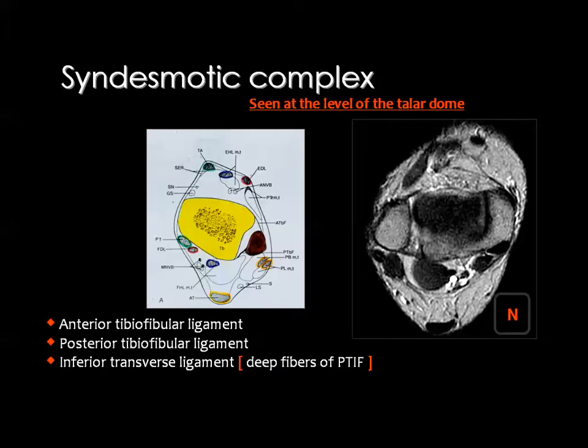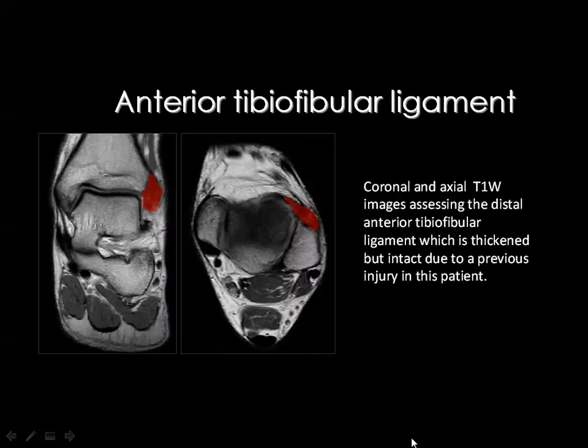There is a third component which is known as the inferior transverse ligament, which is just the deep fibers of the posterior tibiofibular ligament. This is the anterior tibiofibular ligament, identified when the fibula is oval in shape, and it connects the fibula to the tibia.